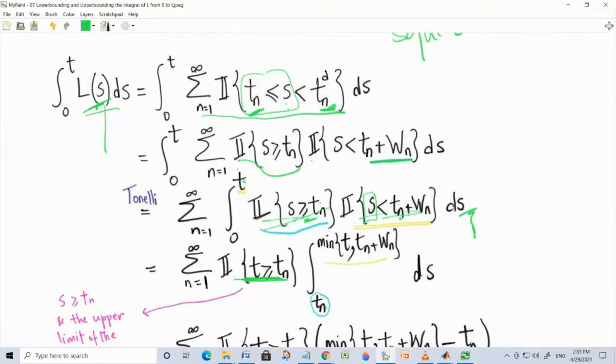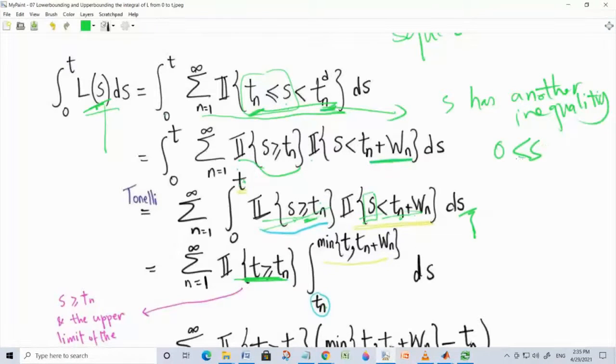Like the integral is from 0 to t, so s has another inequality, which is to be understood as basically a pair, s and t. So you need to write down things carefully. For example, s is greater than or equal to Tn.